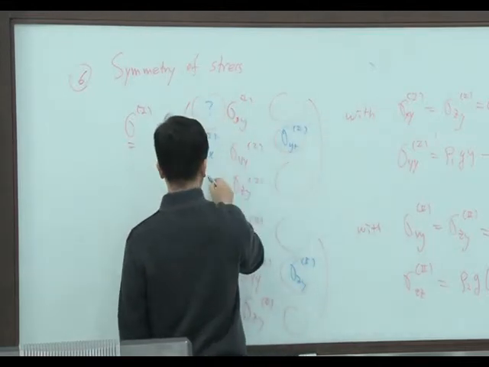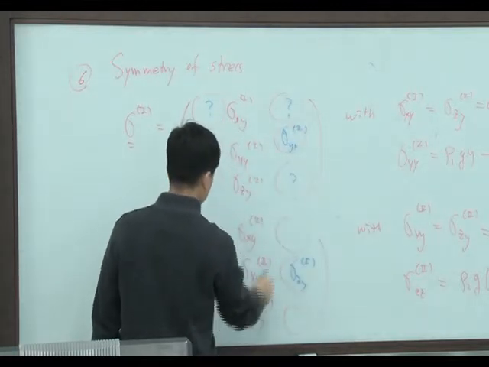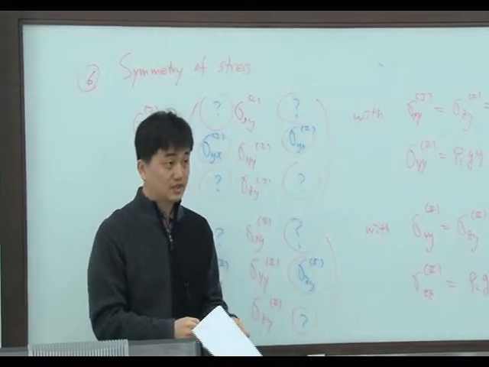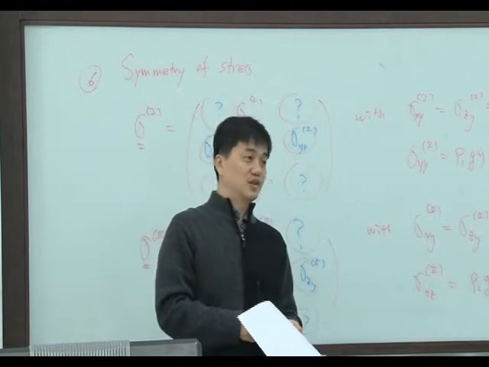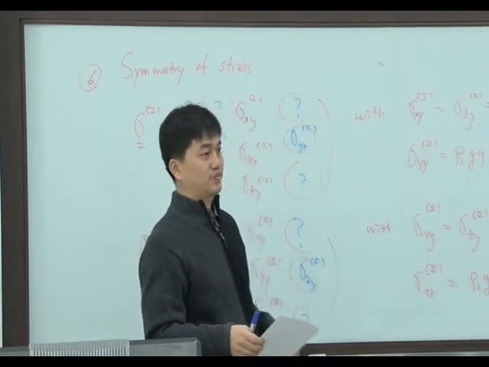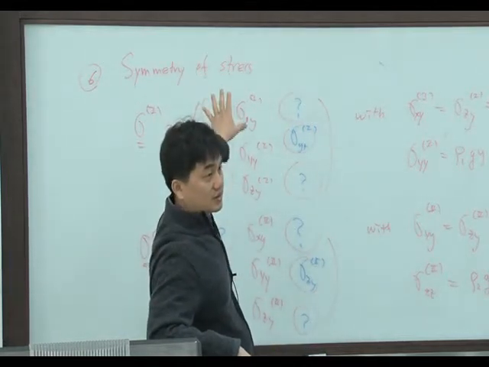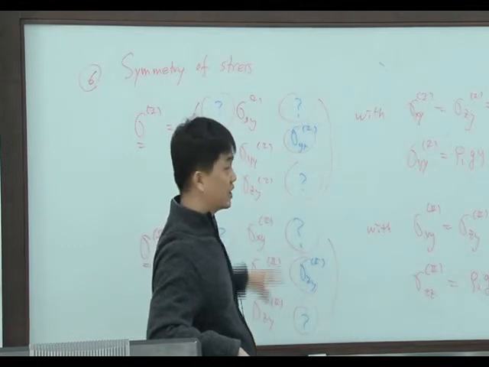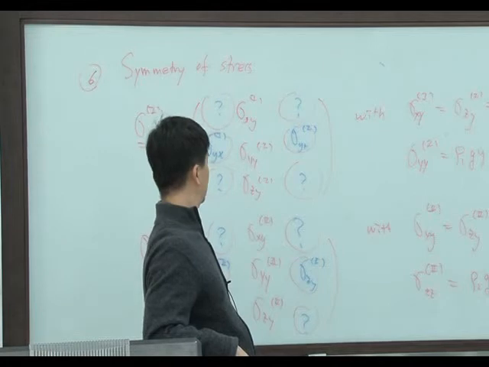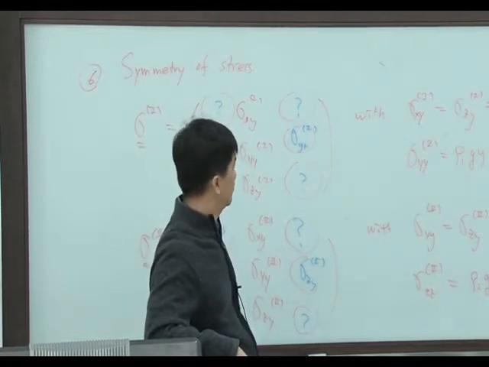But we don't know the remaining ones. We cannot calculate them with the information we have here. To find those, we need to use the Mohr equation. So this is the final answer: the statically admissible stress for the two-layer soil problem.